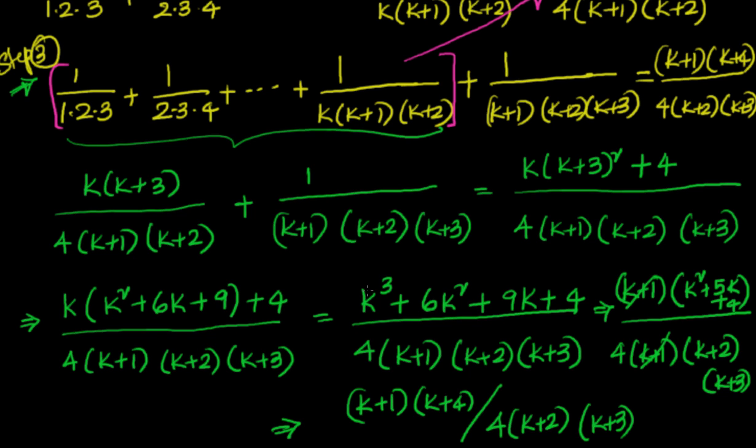Now let us look at this one, k cube plus 6k square plus 9k plus 4, and we got our answer. I just want to spend a couple of minutes on how we got from here to here.